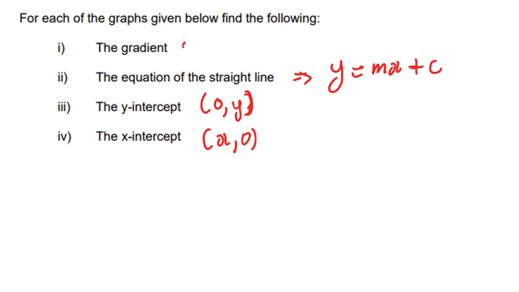Our gradient is given by the formula. Some use a and b, it doesn't matter. The formula is the difference of y values over the difference of x values. But make sure that if it's y2 there, it should be x2 below.